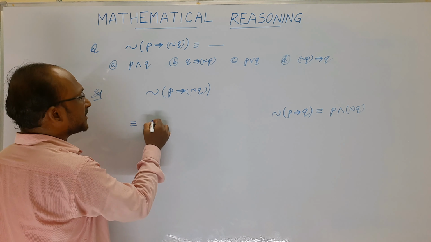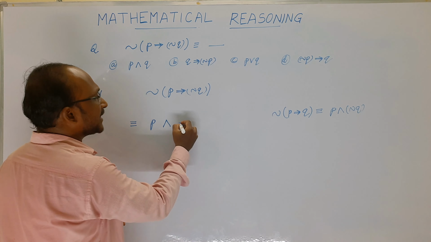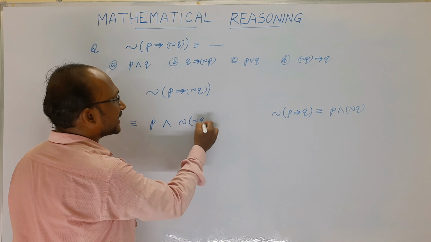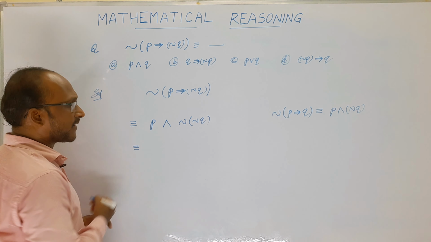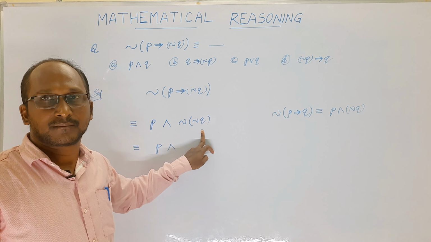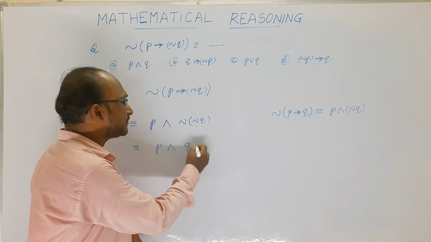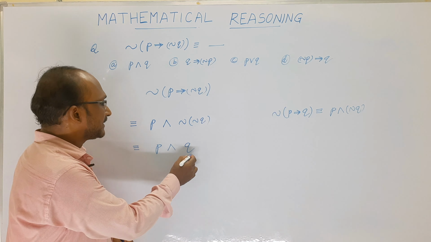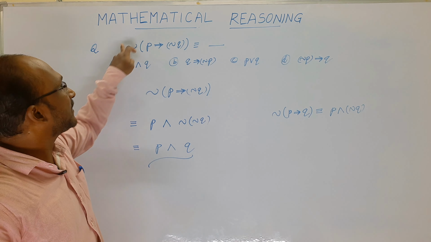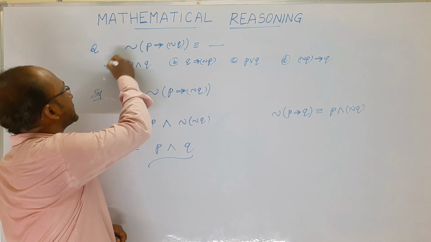First statement P remains the same, implies becomes and, and this negation must be given to the second statement negation Q. That's why here we will get negation of negation Q. Now which is equivalent to P and negation of negation Q. But we know that negation of negation Q is equivalent to Q. So this is the result which is equivalent to the given statement, negation of P implies negation Q. So the first option is the correct option.